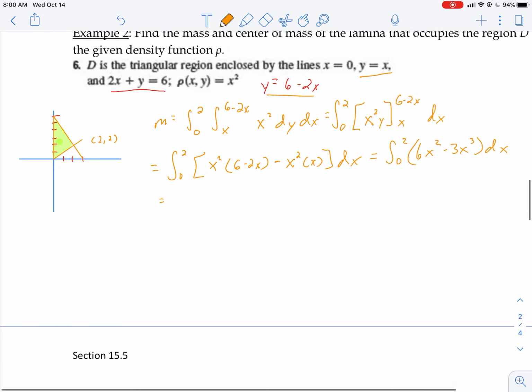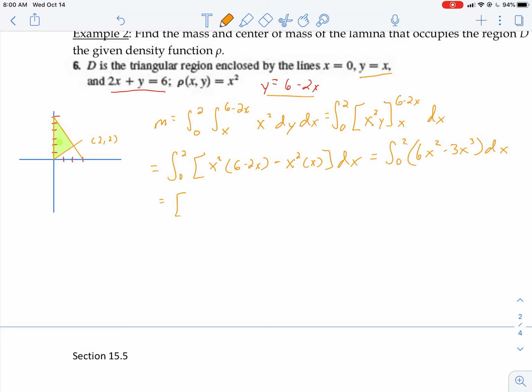All right, now let's integrate that. We're going to get 2x cubed minus 3/4 x to the 4th, going from 0 to 2.